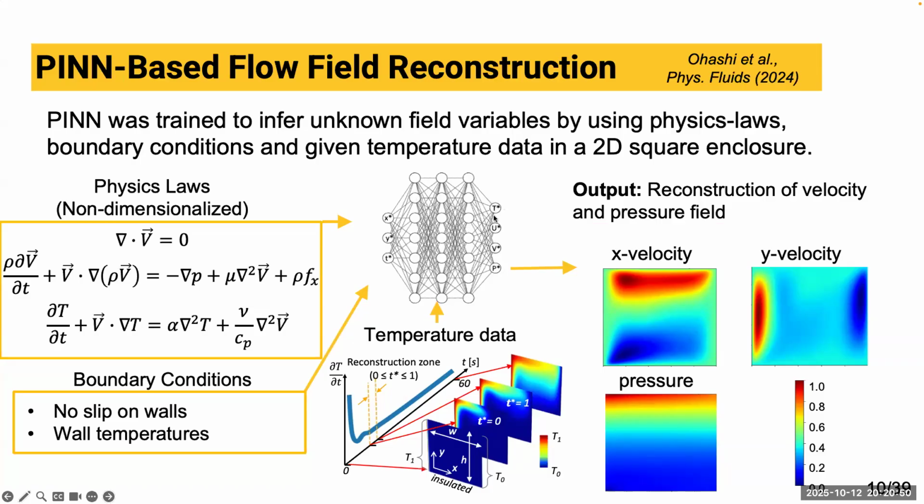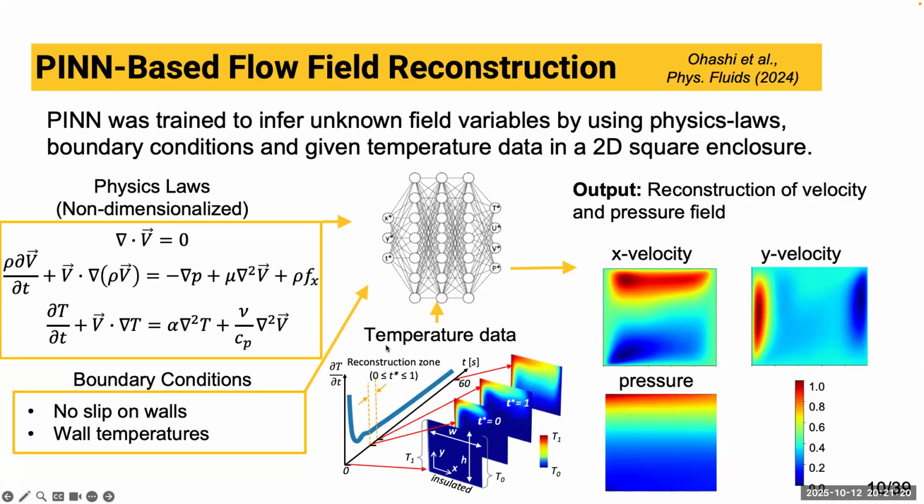So we used three different types of constraints. The first one was the non-dimensionalized governing equations, such as continuity, x-y momentum, and energy equations. Also, we use the boundary conditions to constrain the solution, such as no slip on walls and the wall temperatures already prescribed in the problem.